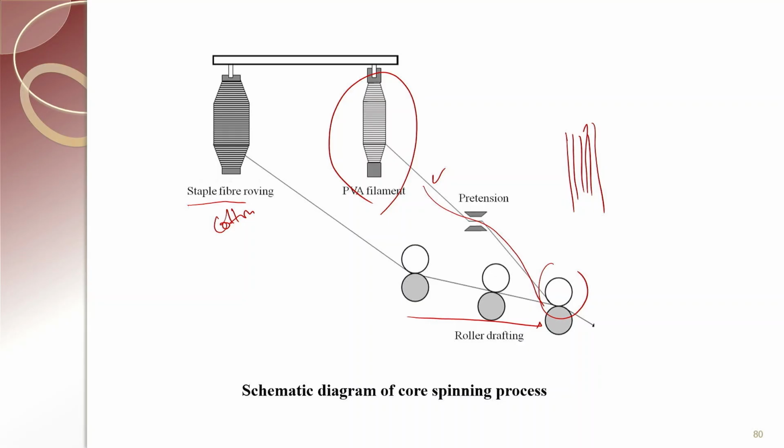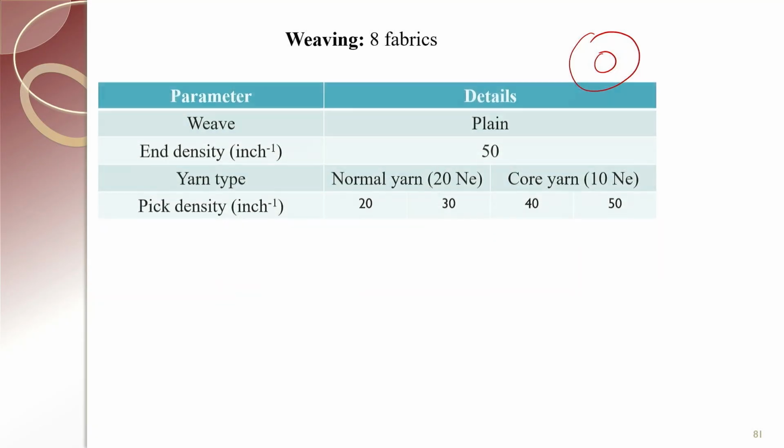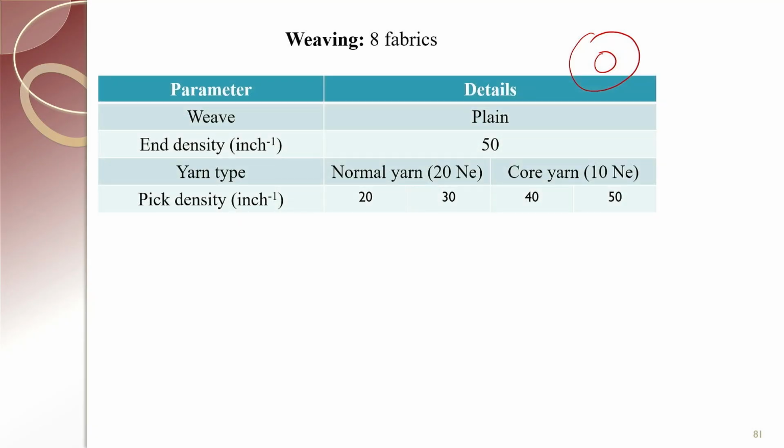Now, if we see the cross section of the yarn which we have produced, we will see that perfect coarse spun yarn was produced, and from this yarn we have developed 8 fabrics. So, these are the different fabric structures. The weave is plain weave we have produced.